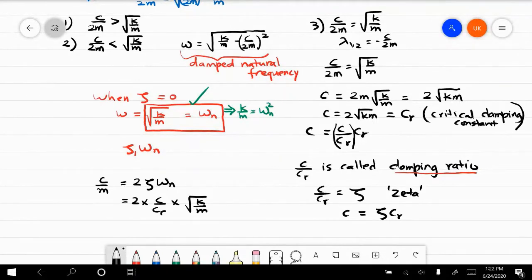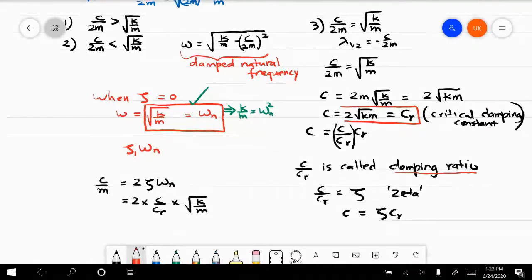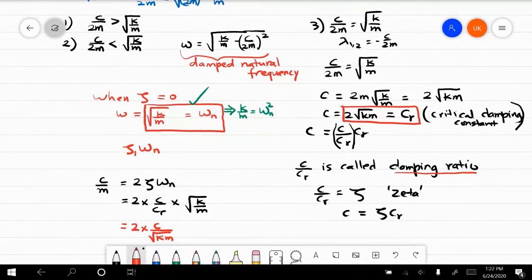And remember, what is this cr? Cr is 2 times square root of km. So we have 2 times c divided by square root of km times square root of k divided by m. Now the square root of k gets cancelled.